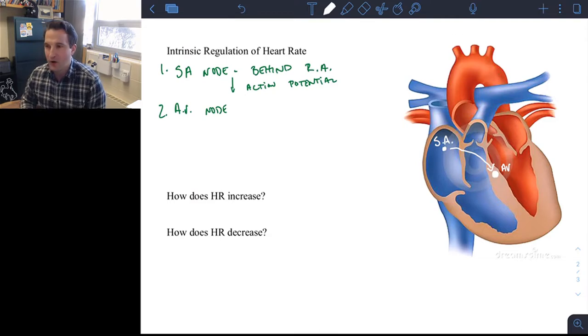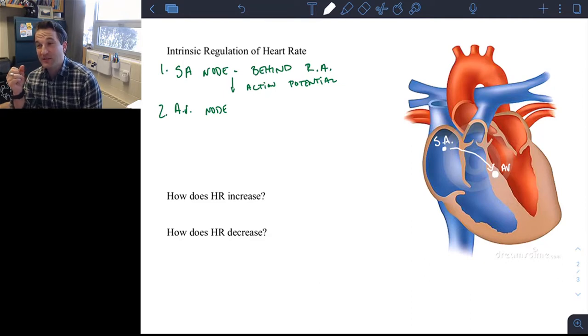And if we think about how the heart beats and what the purpose of each of these different chambers are, this makes sense. The SA node is going to contract. When that spontaneous depolarization happens, that is going to happen in the right atrium first, and then because the left atrium is pretty darn close, it'll happen there just a split second afterwards. As that is happening, an action potential is being sent to the AV node, which is right by the ventricles.